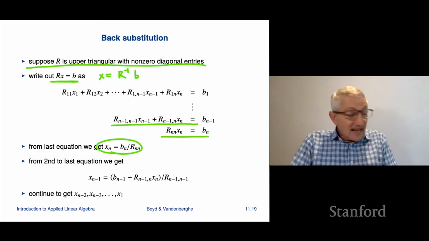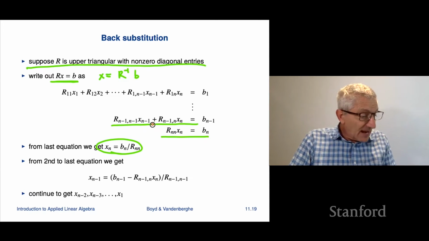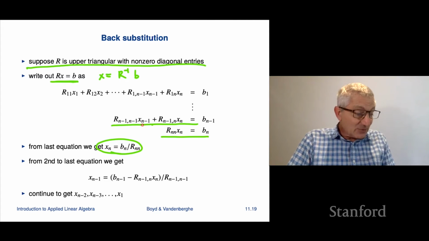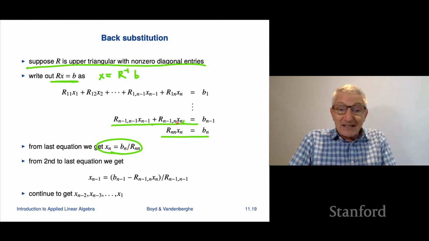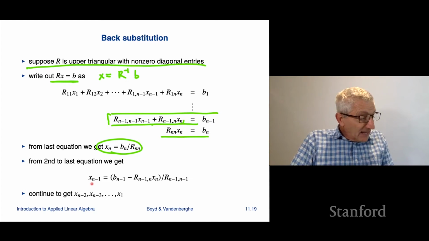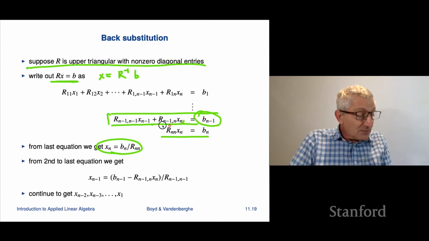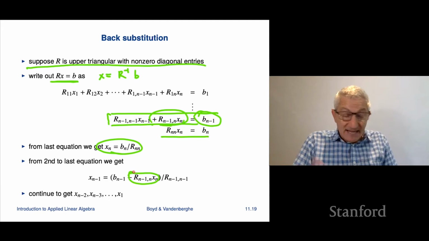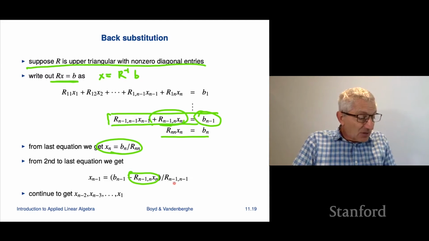Now, from the second to last equation, let's focus on that one. It says Rn-1,n-1 xn-1 plus Rn-1,n xn equals Bn-1. But you know what? We know xn. So what we're going to do is take this equation and write xn-1 as the right-hand side, Bn-1, minus this part, which we already know because we just calculated xn, divided by Rn-1,n-1.